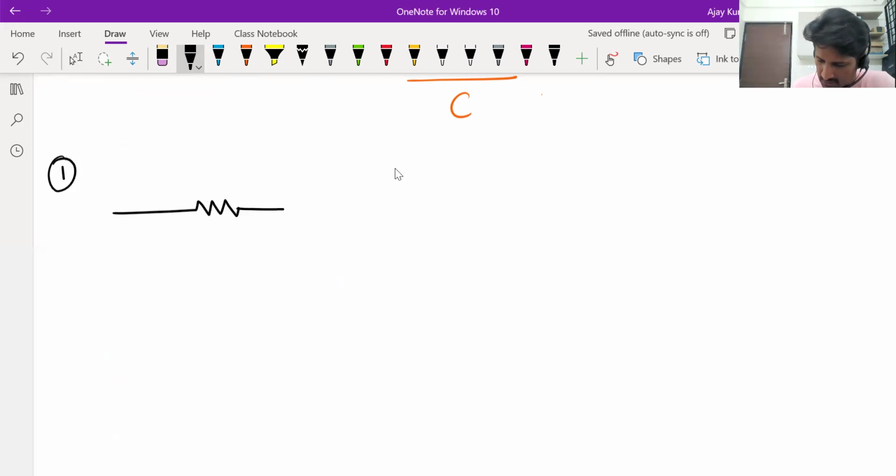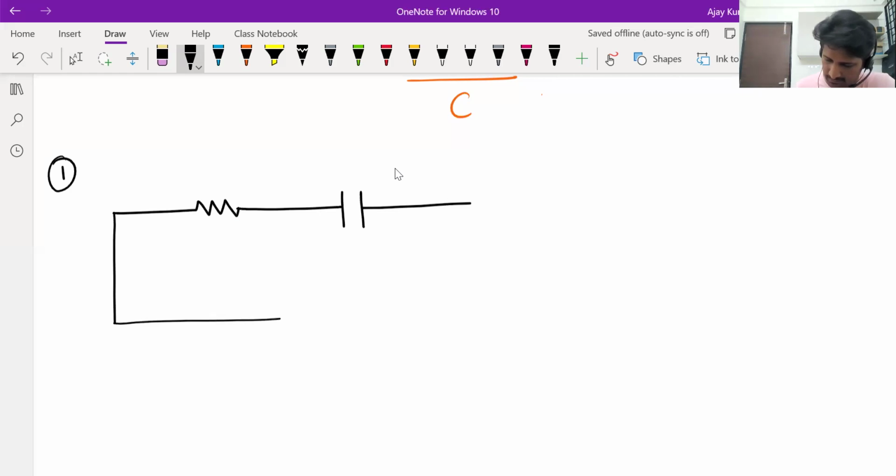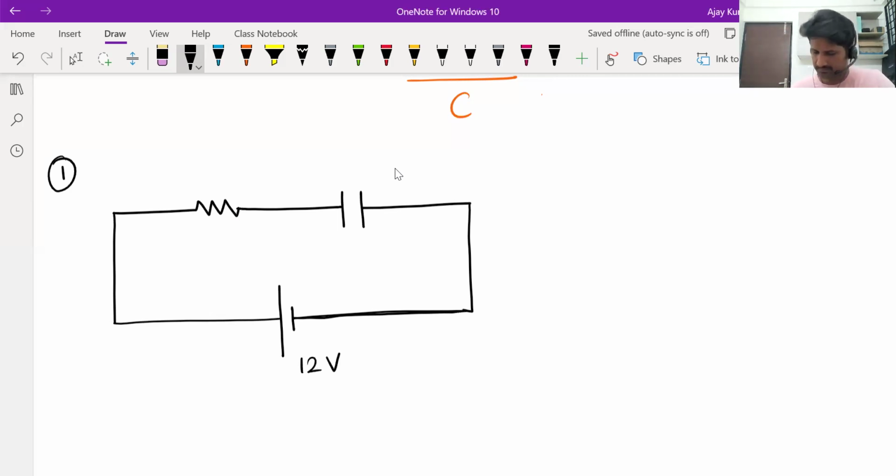Consider a simple situation like this: a resistor, a capacitor, and an ideal battery. Okay. Assume battery voltage is given to you 12 volts.